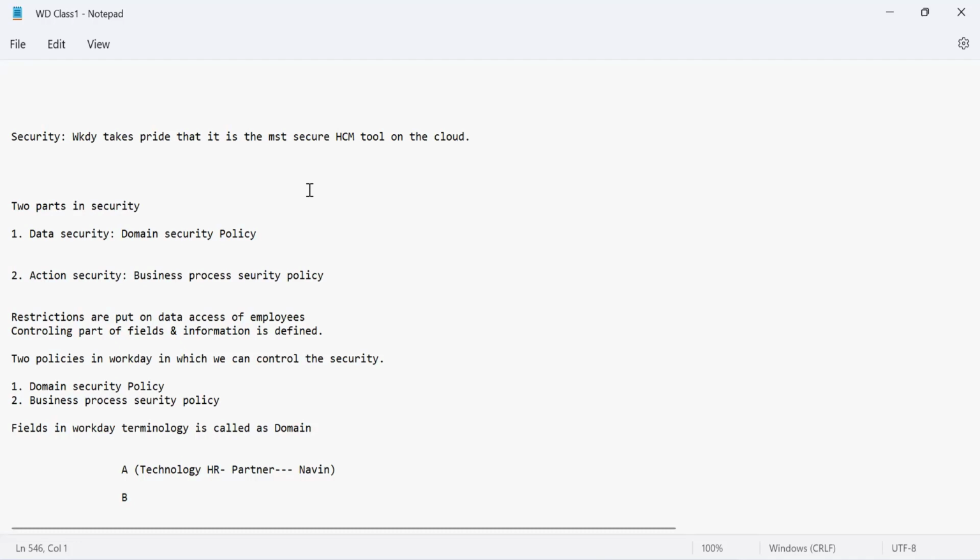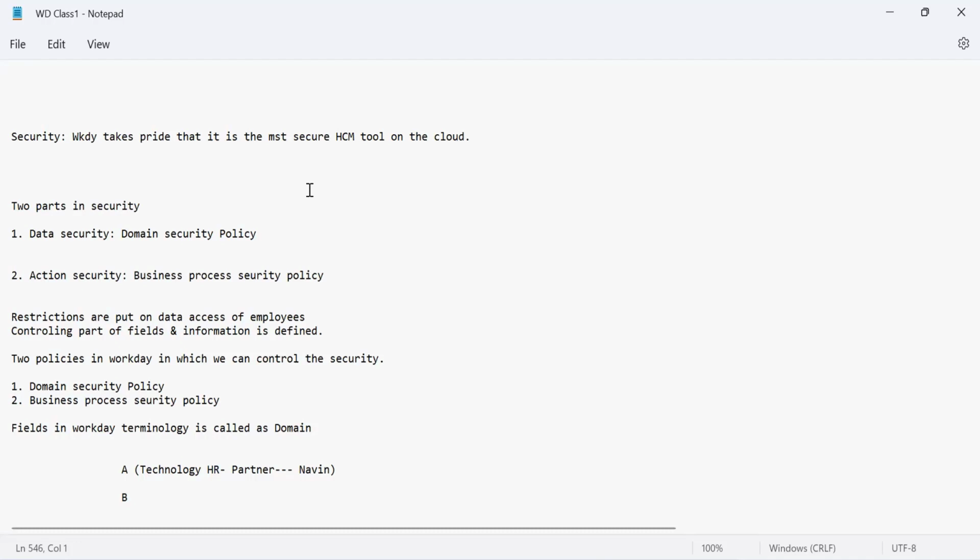That could be your HR team, that could be your compensation team, but they can go ahead and change it, correct? So they have got the edit access, but you haven't got the edit access. How is that possible? That is possible because of the roles and responsibilities that you have in an organization.